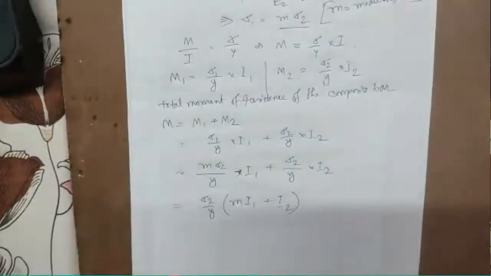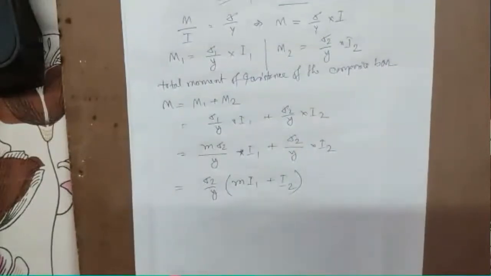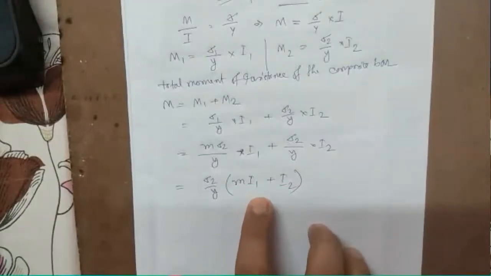So from here we can say if only material 2 is being used, then I2 plus m into I1 can be used as equivalent moment of inertia.